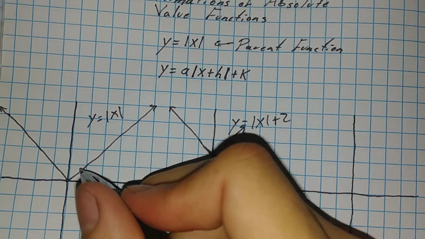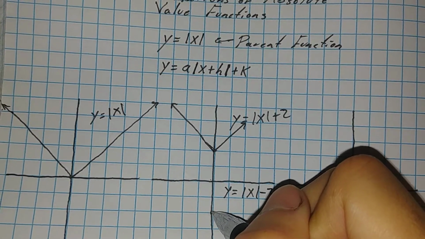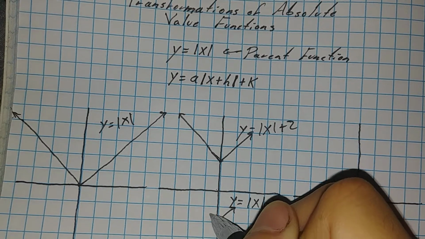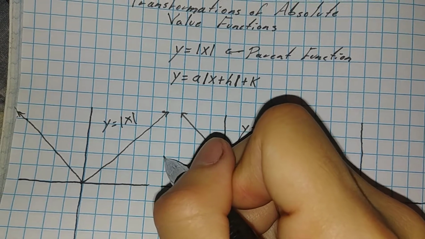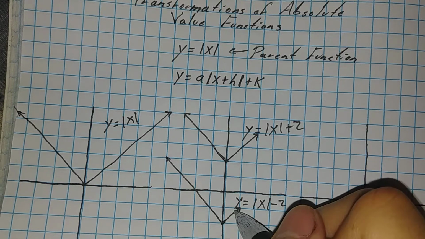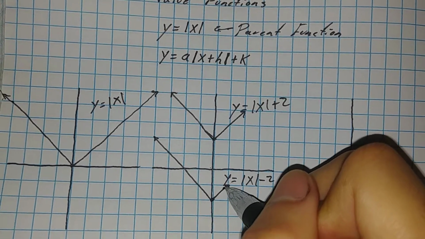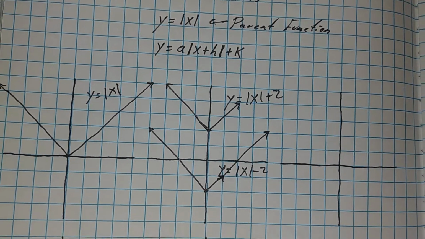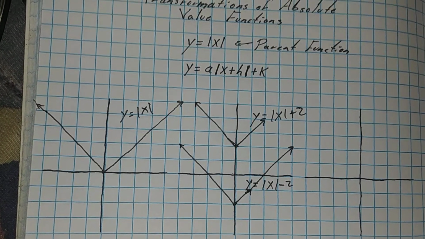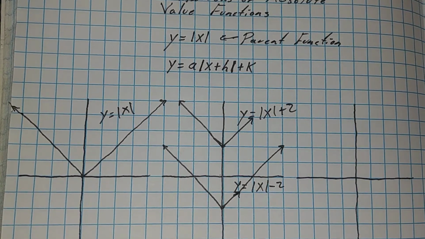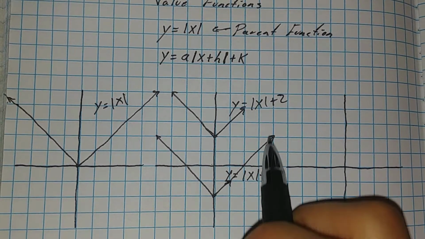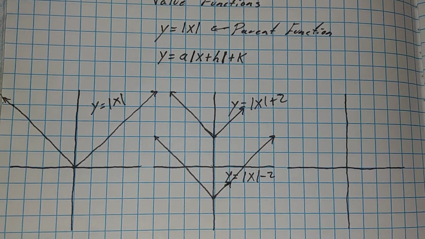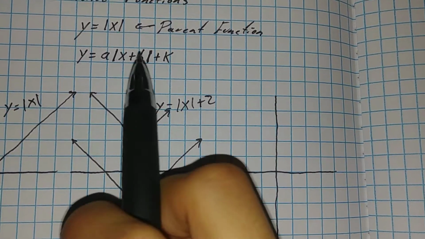Again, I would take the same graph and move it 2 units down, and it keeps going that way on both sides. It's the same graph, just shifted 2 units down. And that's k. This value represents k. It's a vertical shift.